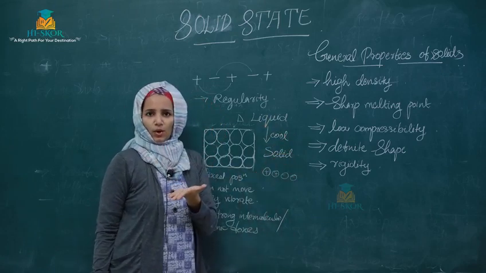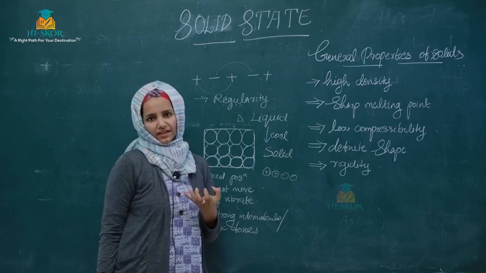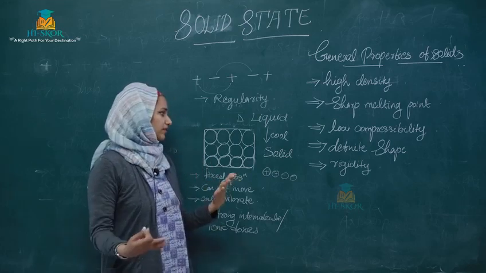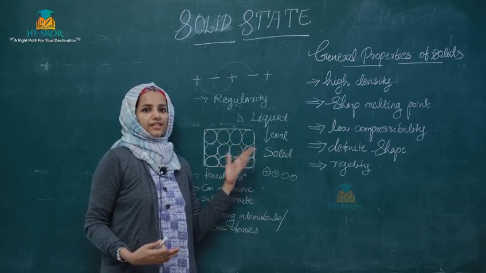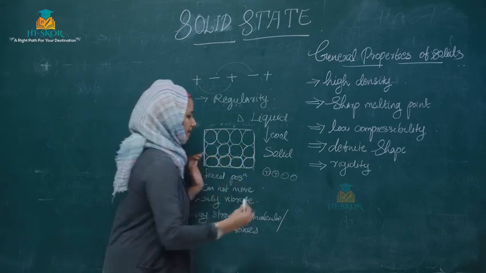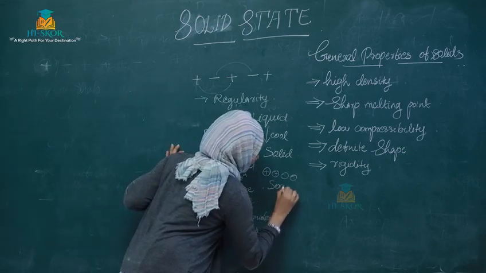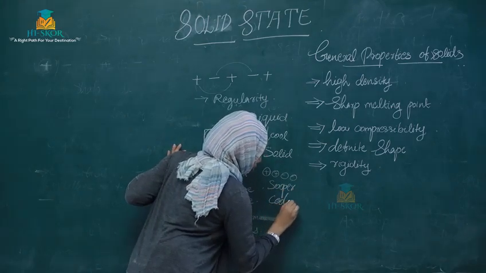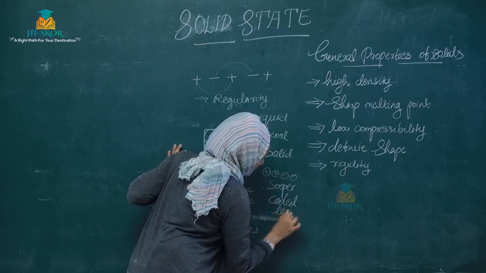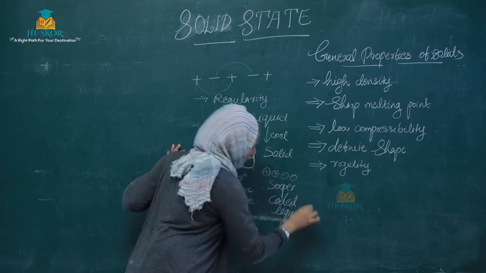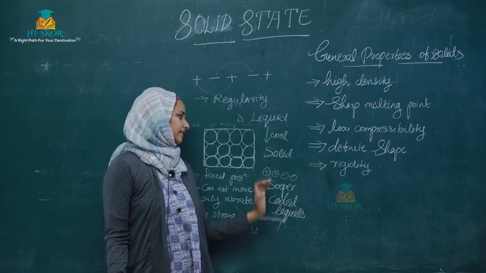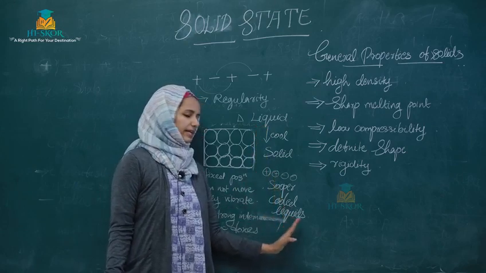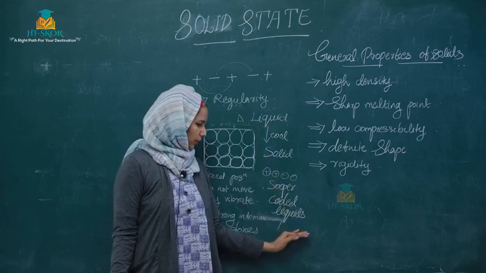It seems like a solid, but actually it is not a perfect solid. That is, it does not possess the specialities or features of solid. Such substances are called supercooled liquids or amorphous solids.